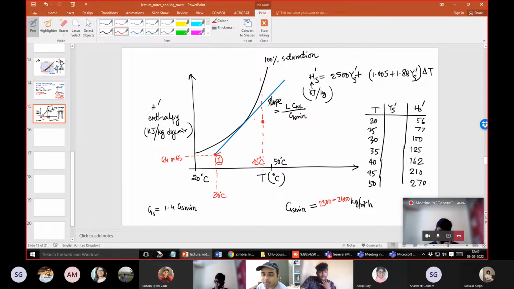Okay, how come one group is getting 9.5, another group is getting 11.5? So you have to resolve this. And the actual thing is around 10.5, or 10.6 maybe.